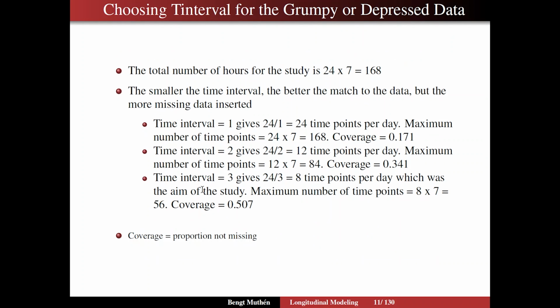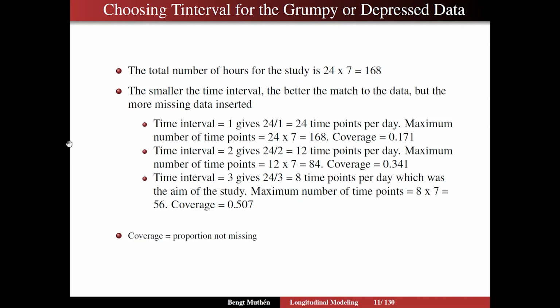Now for the grumpy or depressed data on slide 11, let's take a look at that. The total number of hours for this study is 24 hours times 7 days, 168. Now the smaller the time interval, the better the match to the data, but the more missing data is inserted.